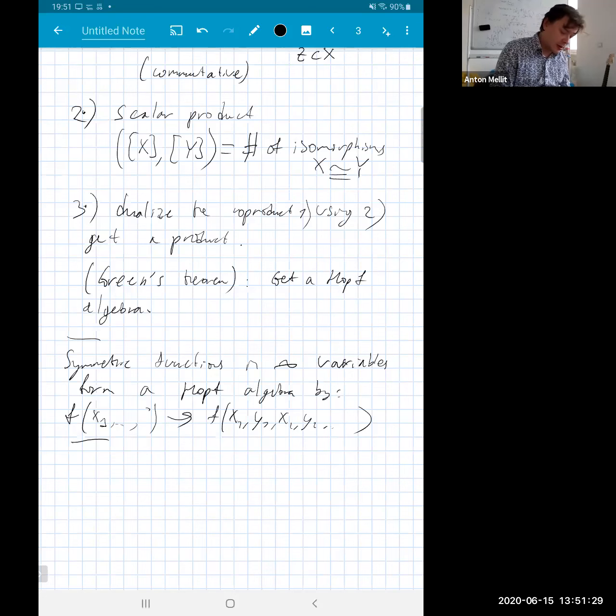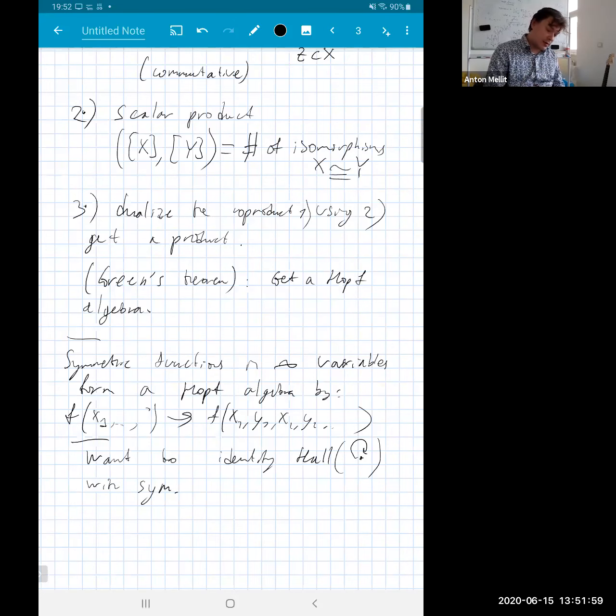There is a scalar product, and you can try to identify the two. So you want to identify, on one side, you have the Hall algebra of this category of nilpotent representations of the one loop quiver and symmetric functions.